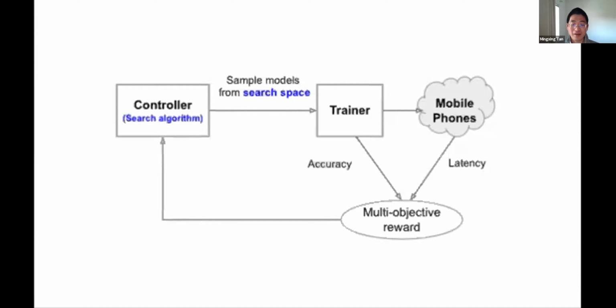Another way, which might be a little more dramatic, is AutoML-Zero. My colleagues are working on this. The idea is you design a super huge search space. They don't even have backpropagation, and many components are customized. You don't inject much human intuition; you just put all the things into the search space.